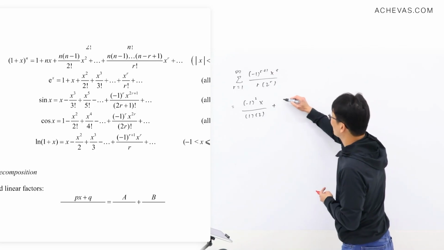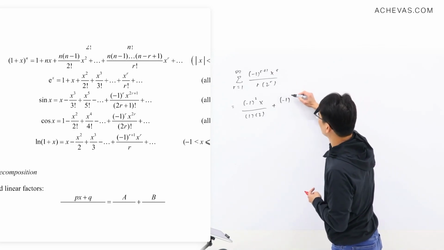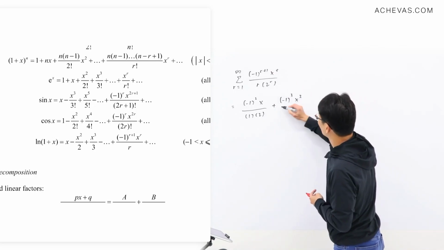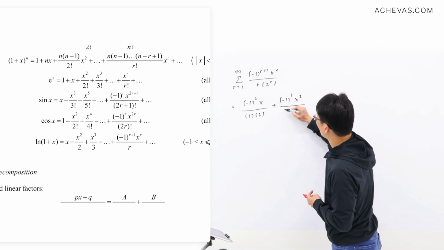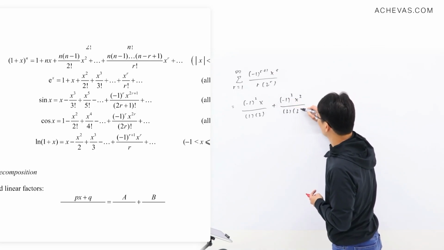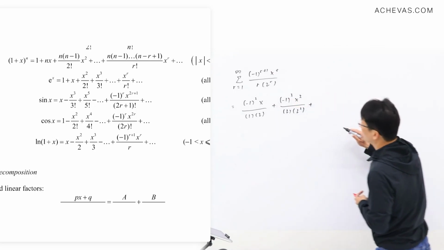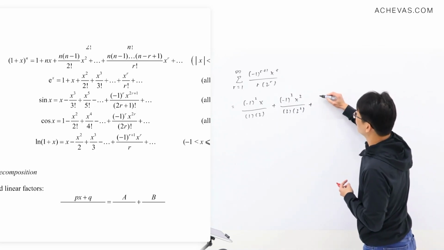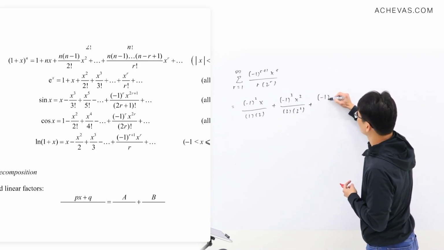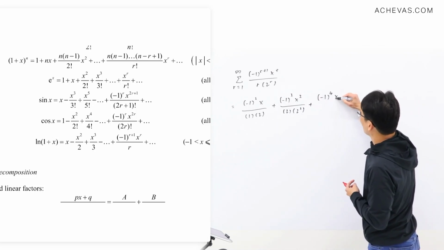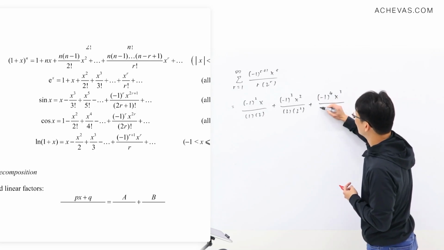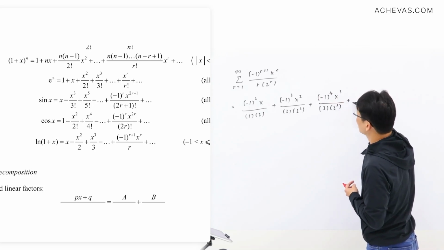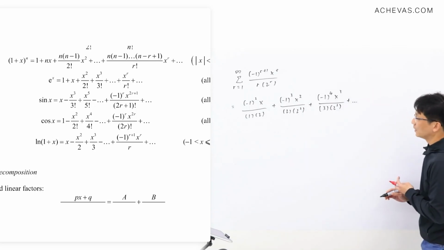When r equals 2, I get a 3, x over 2, 2 squared. Maybe I'll substitute in one more. R equals 3, minus 1 to the power 4, x over 2 cubed over 3, plus all the way until infinity.